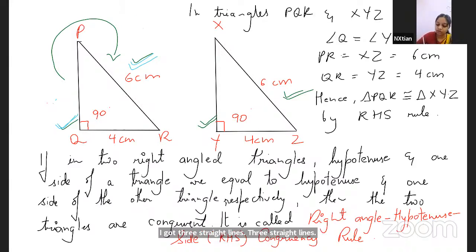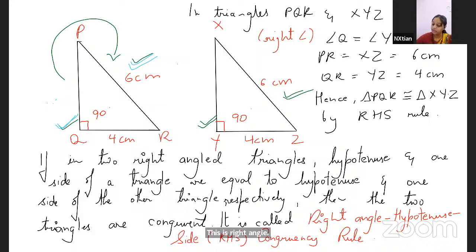Now, also, when you're writing this proof that both the triangles are congruent, while you write these three things, Q equals Y, you can put 90 in the bracket beside it. This is right angle.